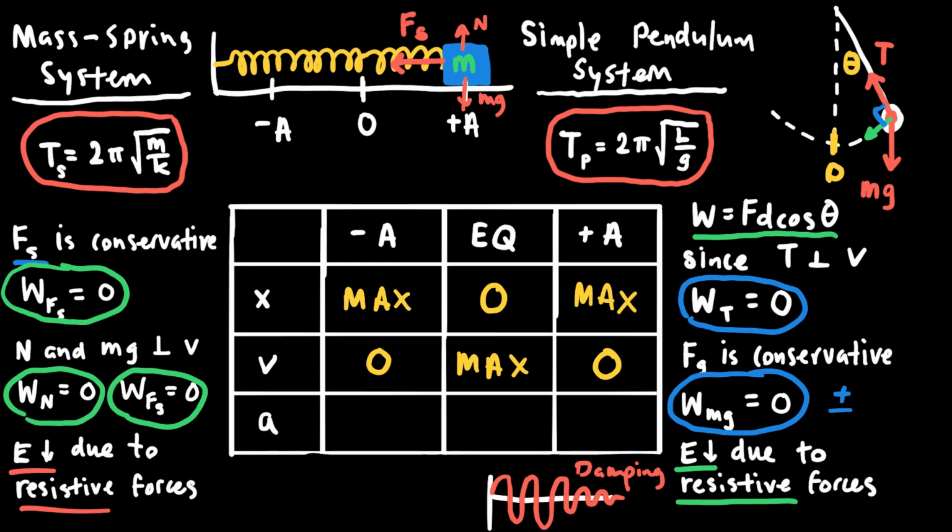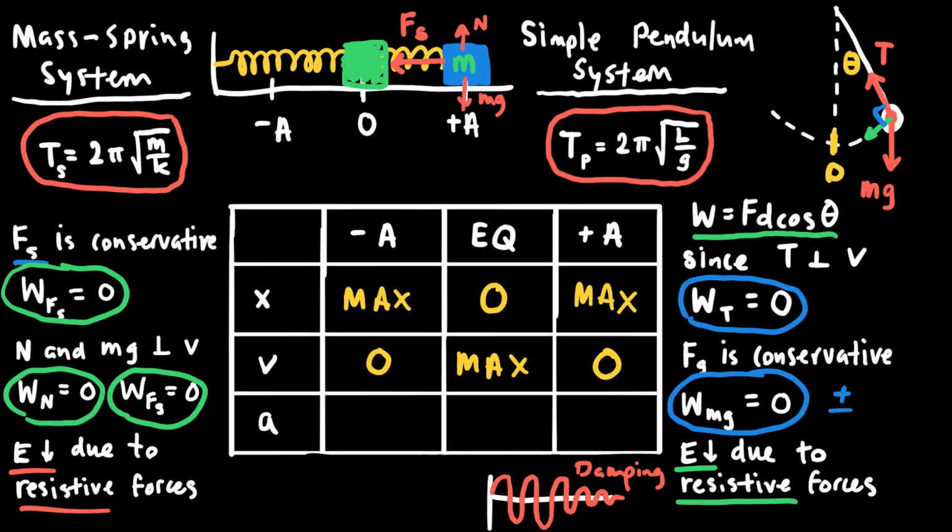As the object moves through the equilibrium position, let's take a look at the mass spring system. As it gets right here, at its equilibrium position, the object momentarily has a net force of 0 on it. And this is true because if the spring was never stretched or compressed, that box would be sitting at the equilibrium position, and the spring would not be exerting a force on that box.